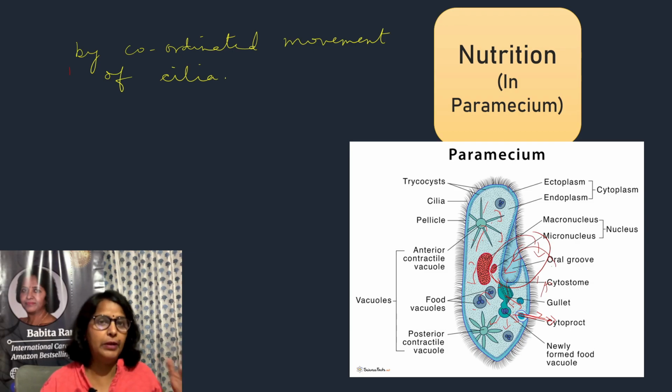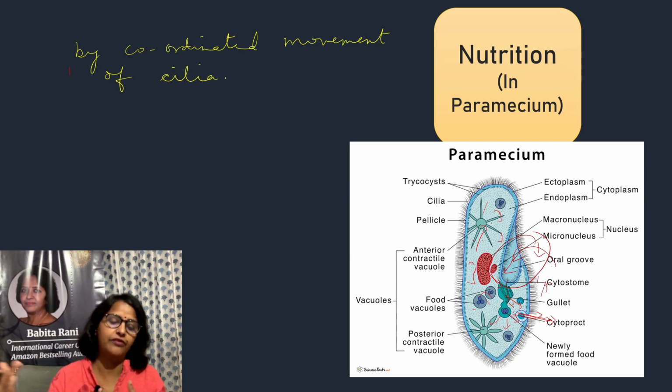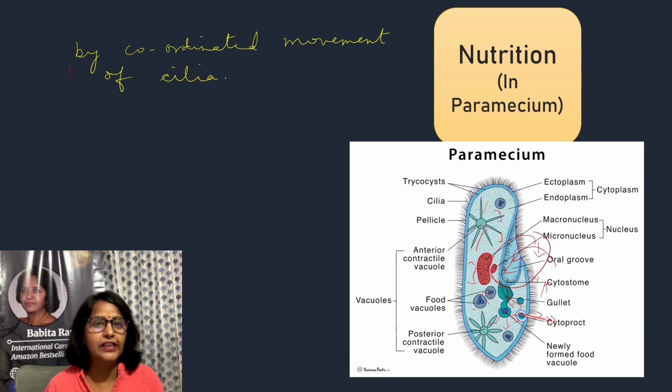In the case of amoeba, we did not have any special location from where food could enter inside, but in the case of paramecium, we have a special location from where food enters, and a special location from where food comes out of the cell. So these are two basic differences. In paramecium, the food vacuole moves through the entire paramecium in a cyclic way, and that process is known as cyclosis.